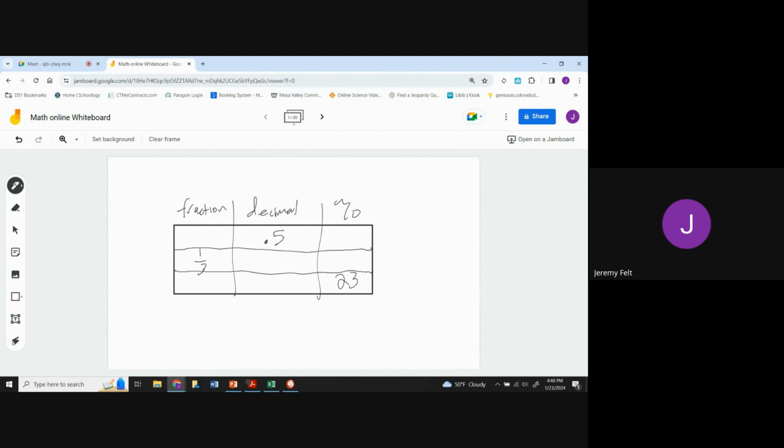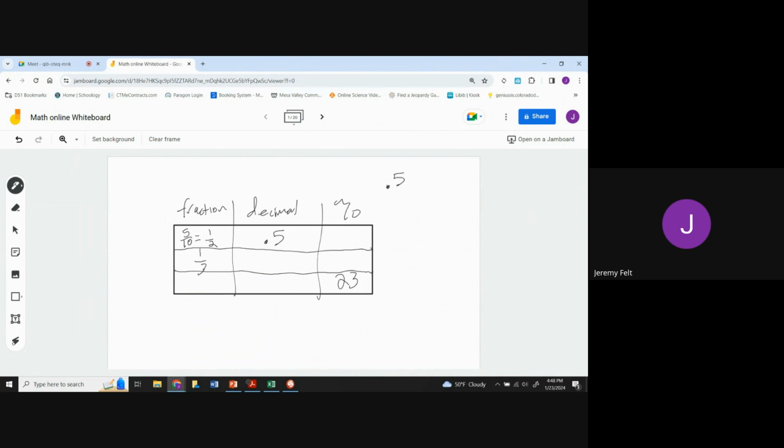Okay, so let's just start with the top row. We're given the decimal, and we want the fraction. I know this is 5/10, so I can do 5/10, but then I want to reduce that, so it reduces down to 1/2.